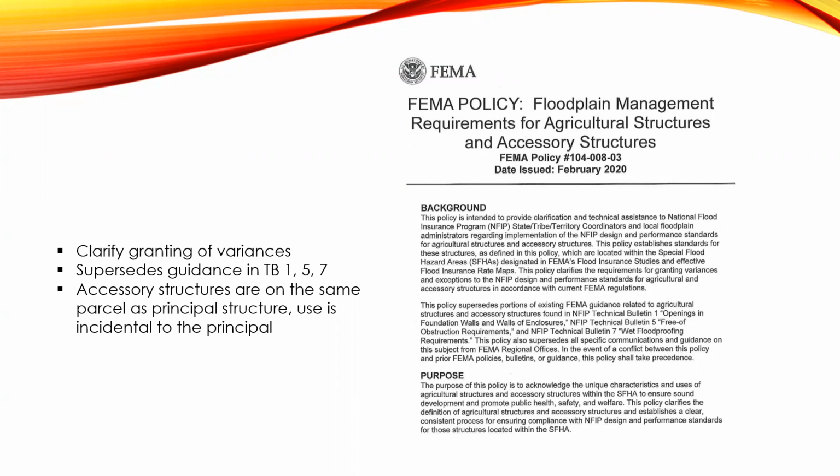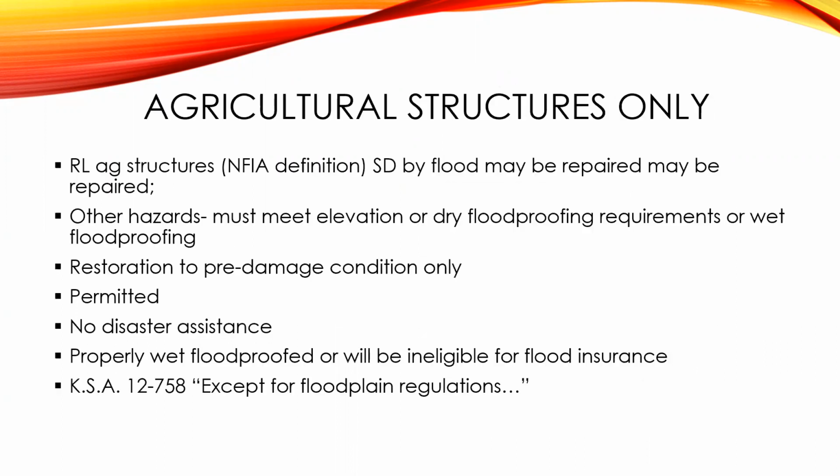Again, accessory structures are on the same parcel as the principal and use is incidental to that. And so this is nice to have as like a quick reference if you need more in-depth information or sample documents or whatever. The P-2140 is what you should look at.